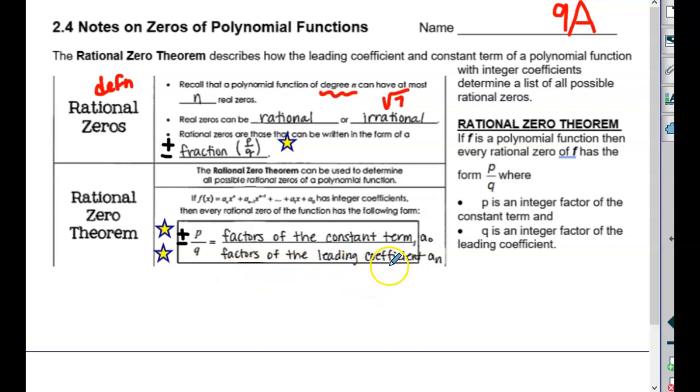The leading coefficient is whatever the highest power is, the number in front of that. Okay, so if we put all the factors of the constant on top of all the factors of the leading coefficient, and we include all the positive and negative possibilities, those are going to be all the possible rational zeros.